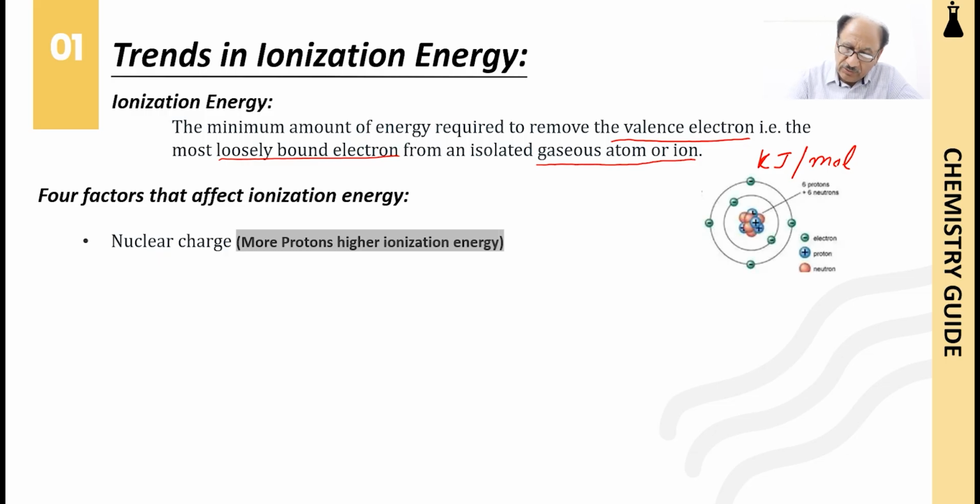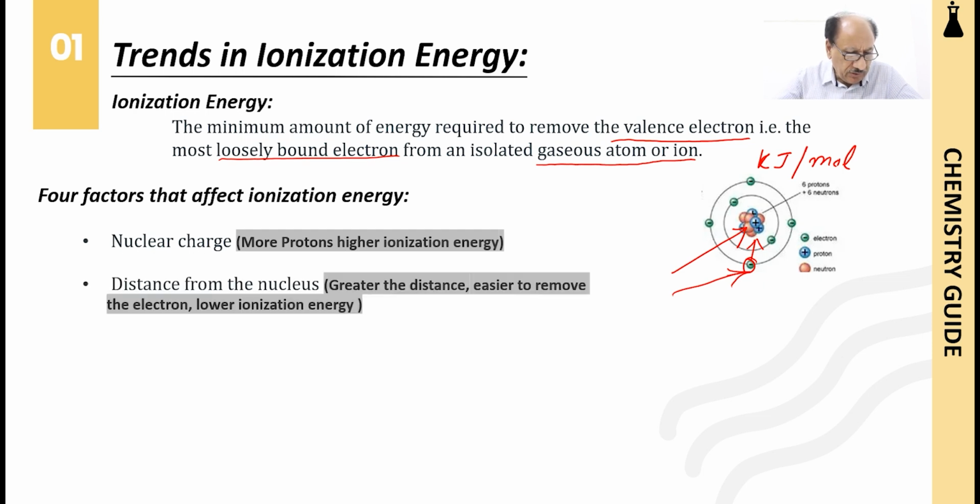So higher protons will be pulling electrons with higher force, and this will require more energy to knock out an electron from its outermost orbit.